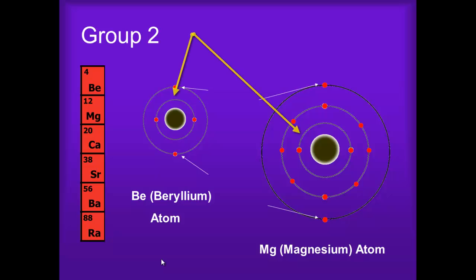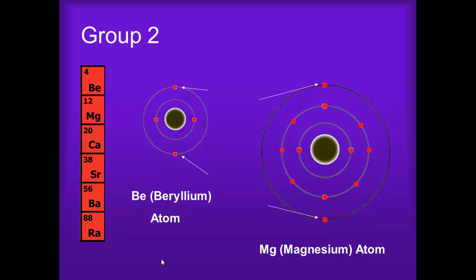So the first circle represents the first principal energy level, and the second circle represents the second principal energy level. That also corresponds to the second period moving across the periodic table.